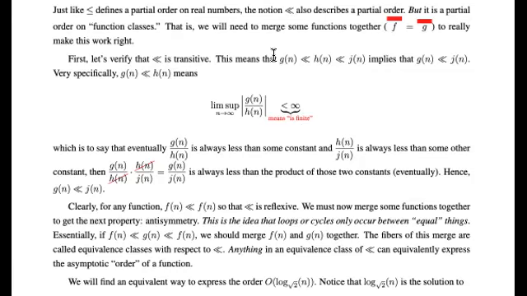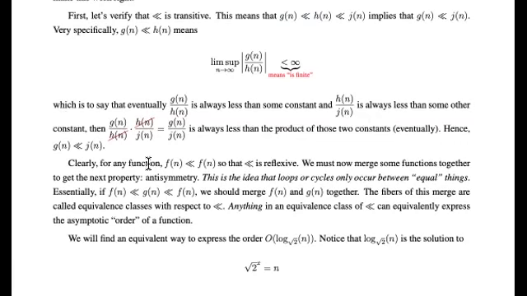So another way of saying that is the lim sup of this is less than infinity, which is to say eventually this is always less than some constant. And likewise, h of n over j of n is always less than some other constant. If you take the product of these ratios, it is always less than the product of those two constants, which is to say that since it's always bounded above by some constant, g of n is asymptotically less than j of n. So it's definitely transitive in that way.